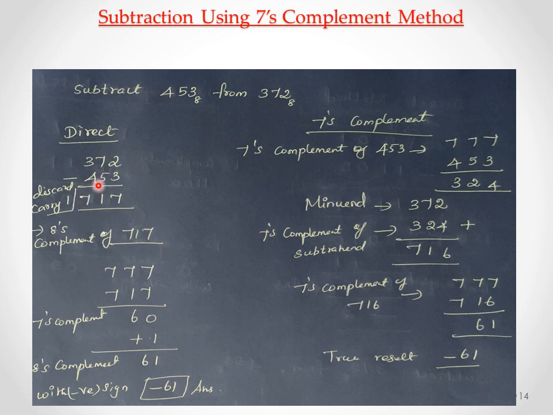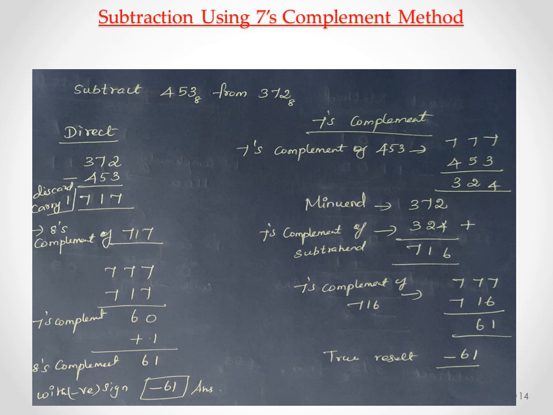This is an answer. But here carry is present. So we have to discard the carry. In this minuend smaller case, we have to take the 8's complement of the answer again. So first get the 7's complement of 717. 7's complement of 717 is, subtracting 717 from 777.